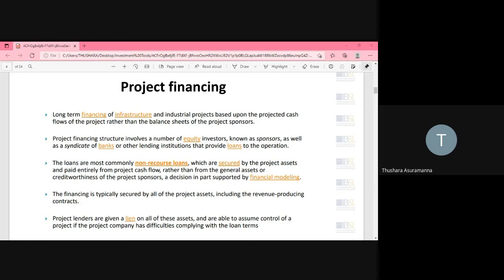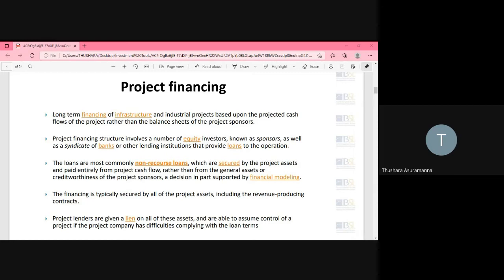So multiple banks with multiple investors go together and do the project. That's another feature you can find in projects. Not all, but some. Then third, non-recourse loans are secured by the project assets and paid entirely from the project cash flows, which is point number 1.